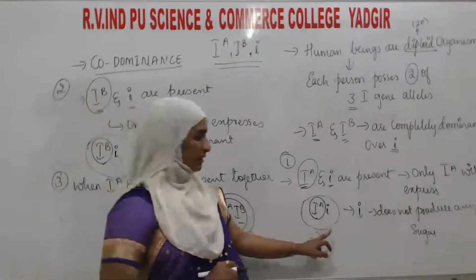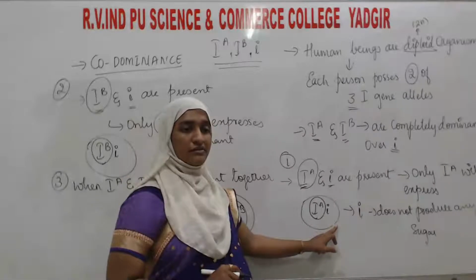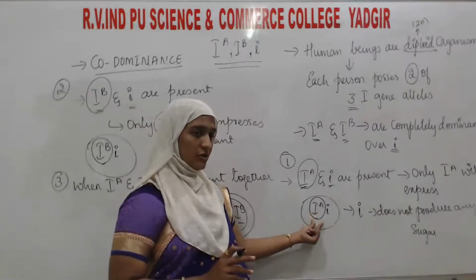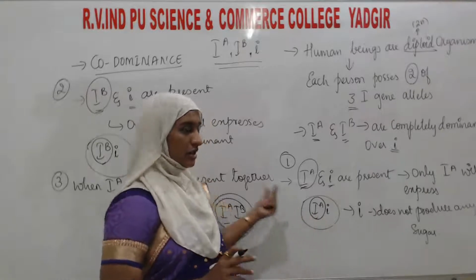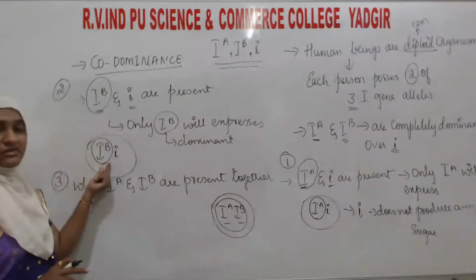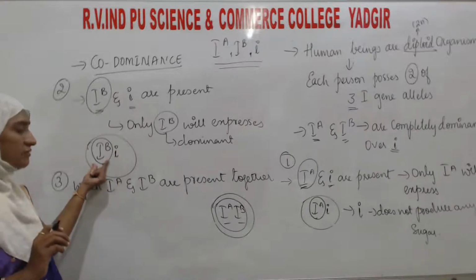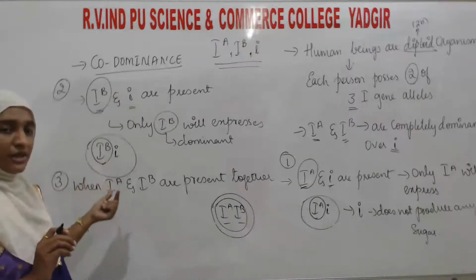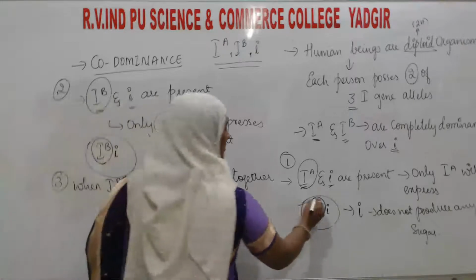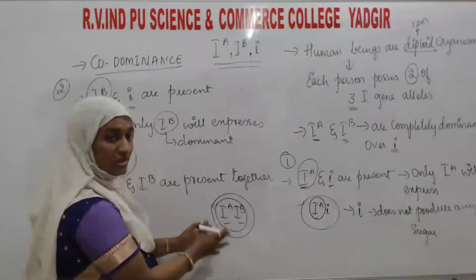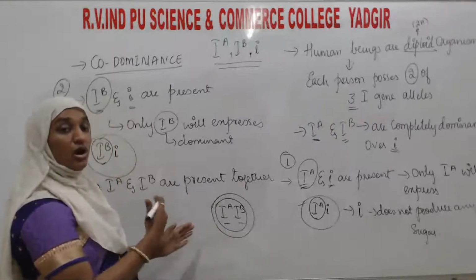Here, IA is the dominant and small i is the recessive one. In that condition, only IA is going to express. Here also, IB is the dominant and small i is the recessive, so only IB is going to express. If IA and IB both are present in one cell, what happens?